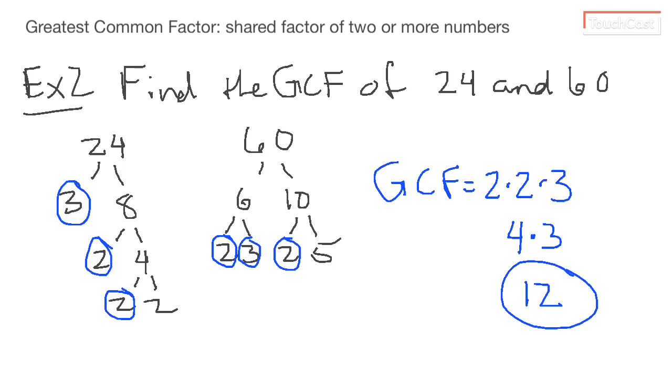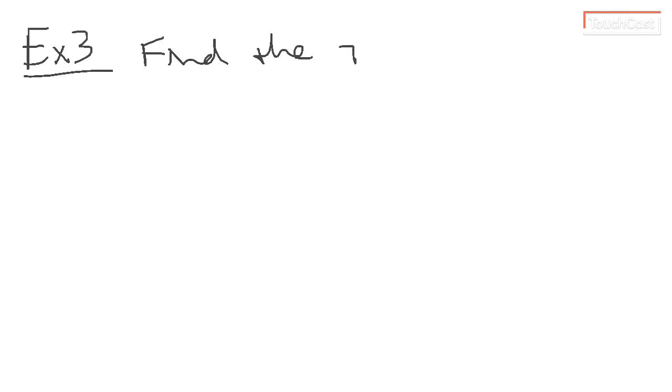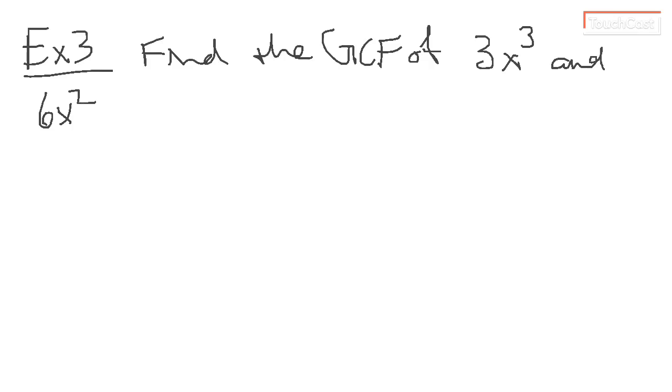So I want to also do this if we involve variables. So let's look at what that looks like. Example 3. Let's find the GCF of 3x cubed and 6x squared.